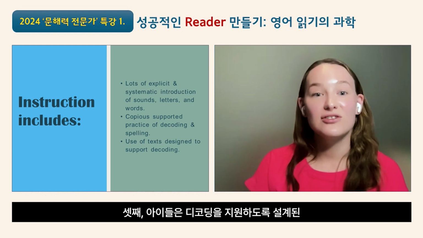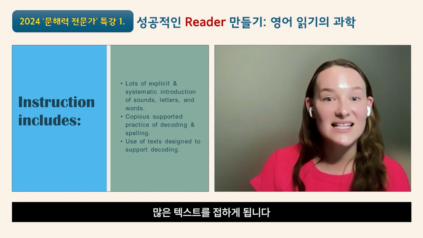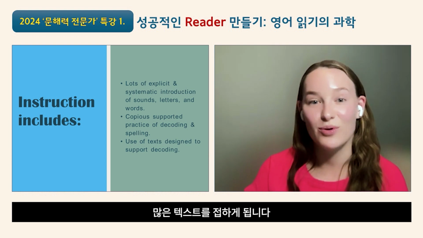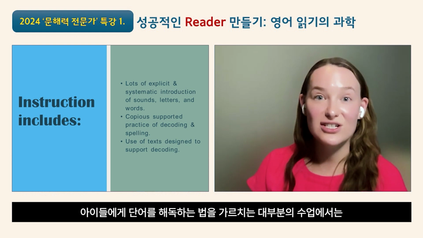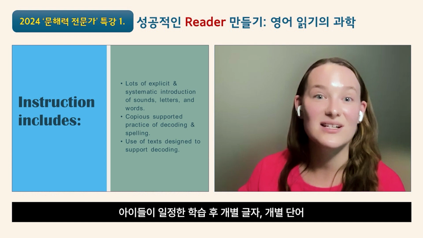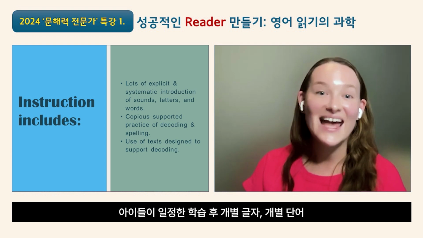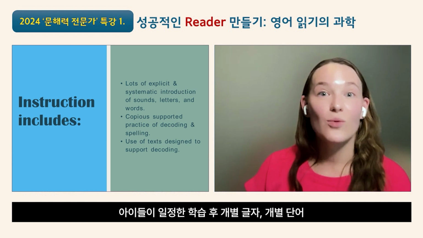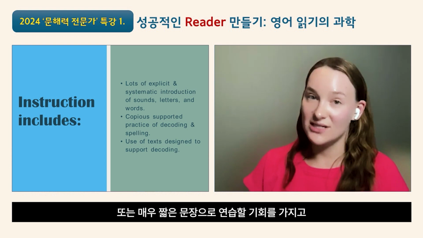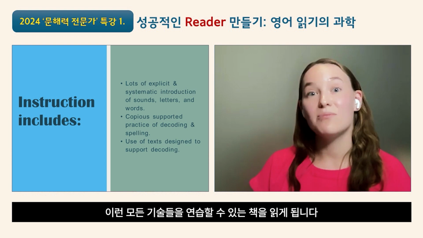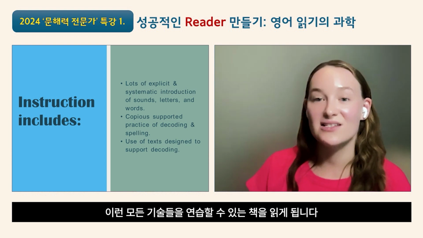Third, children experience lots of texts that are designed to support decoding. In most classrooms that are teaching children to decode words, after children experience some instruction and get the chance to practice with individual letters, individual words, or in very short sentences, children then read books that allow them to practice all of these skills.